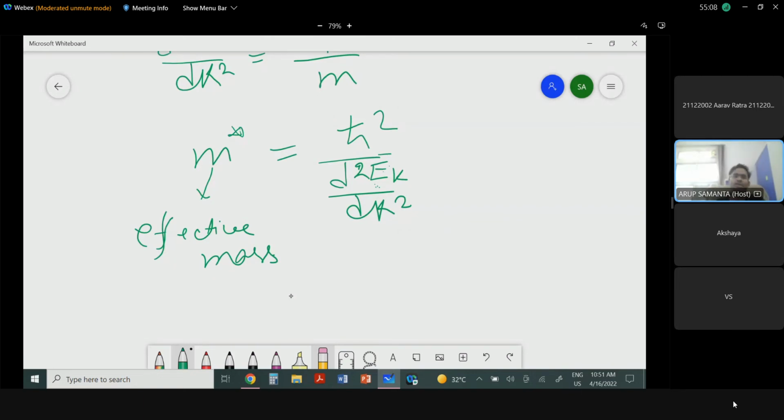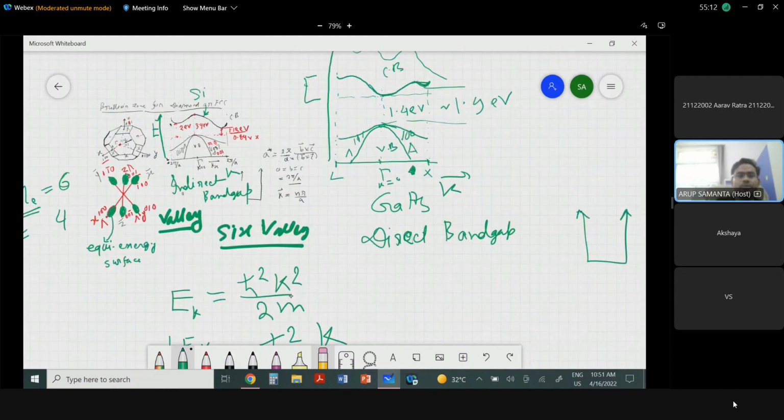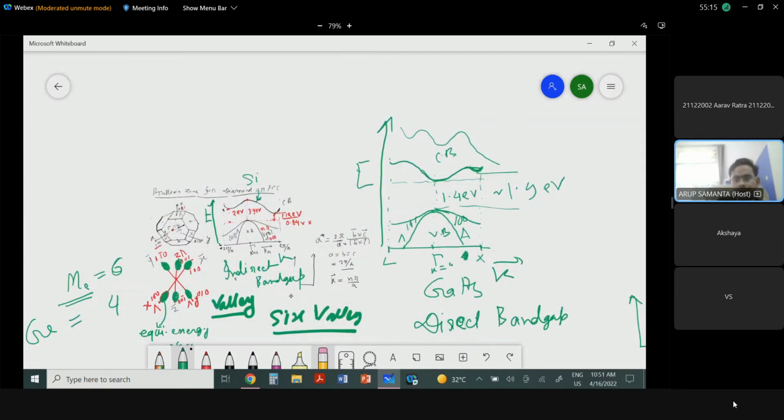This mass is called the effective mass. So an electron moving from here to here has a different mass, since the slope is different. This mass is called the collective mass or effective mass of those particles.